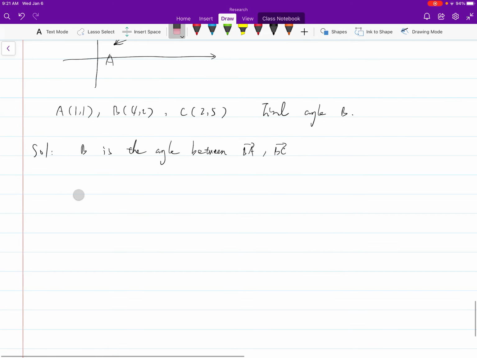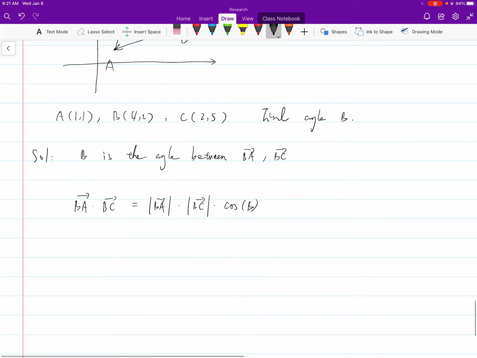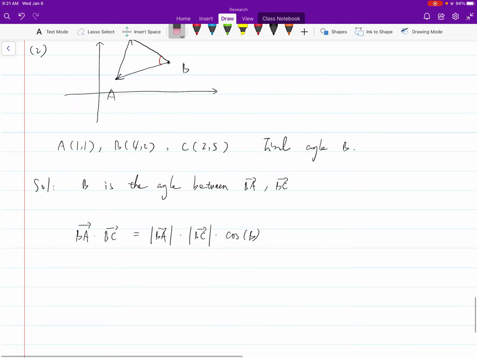You can say then BA dot BC is going to equal BA times BC, only the magnitudes, then times cosine B. Which means if we can find all these numbers here, we will be able to find cosine B.